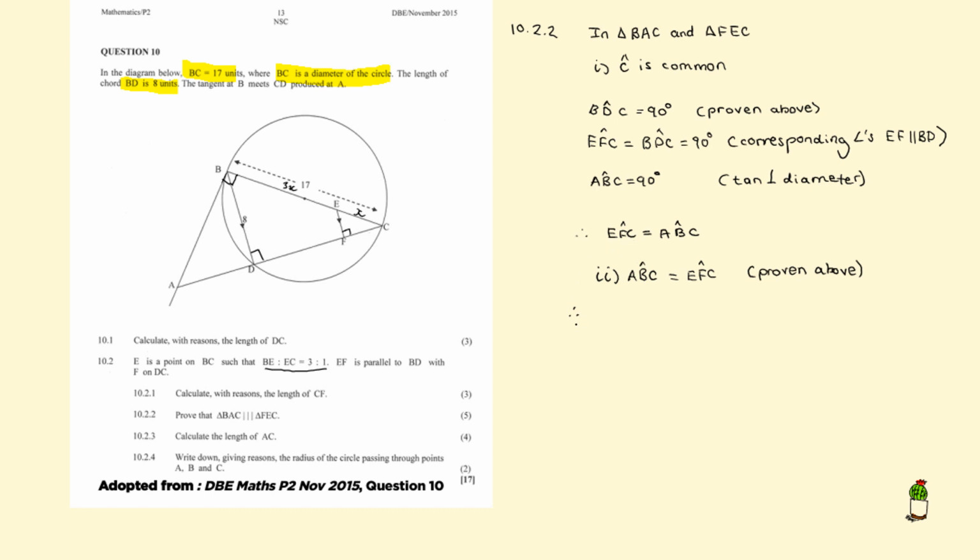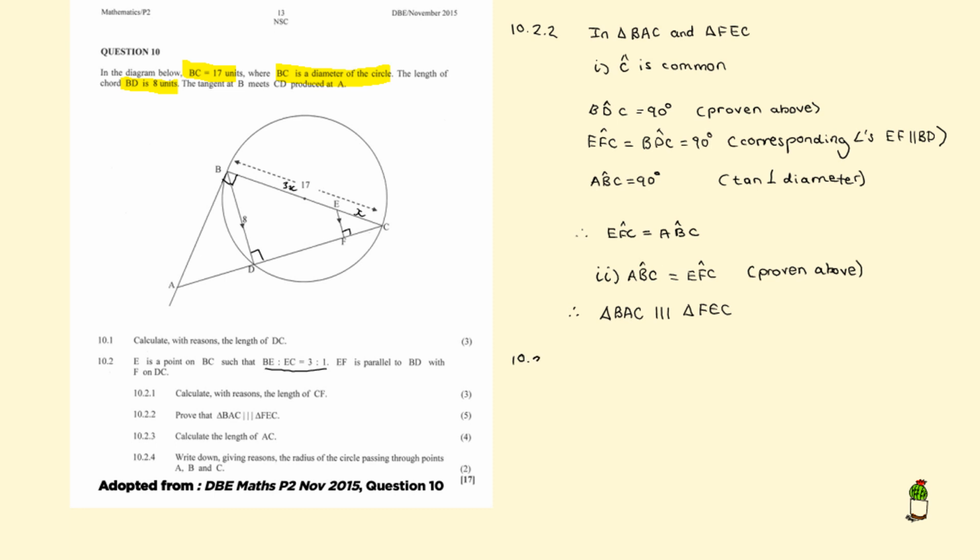Therefore these two triangles are equiangular and thus similar. So triangle BAC is similar to triangle FEC. Okay, now just make sure again B is equal to F, because that's proven. A is equal to E, that will be the third angle, and C is equal to C, that's the common angle between these two triangles, right?